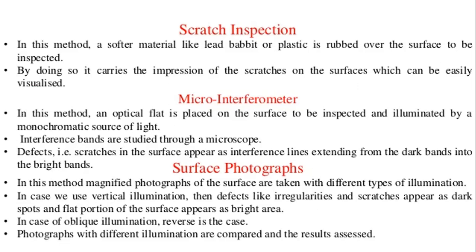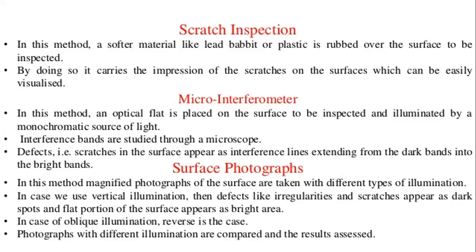The monochromatic source has different variants, such as the mercury vapor lamp and the incandescent lamp, depending upon the purpose. The interference bands are studied through a microscope, and the defects can be detected.